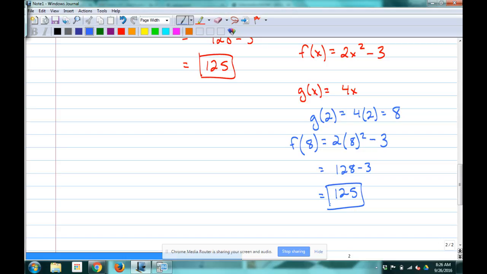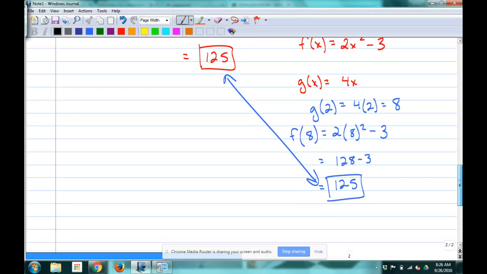We had the luxury of, we already had found that composite function. There's going to be times where they're going to ask you to find a function value of a composite function, and you don't have the composite function already done. And it's actually less work to do 2 problems than it would be to do the composite function and then plug in the value. But it comes out to be the same answer, 125. They match there, whether you do the composite function or not. All right. So keep that in mind as you work your way through there.